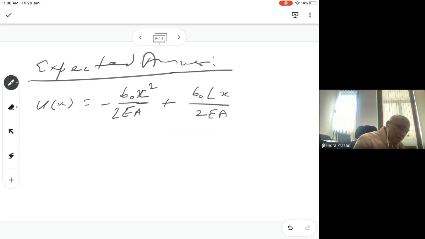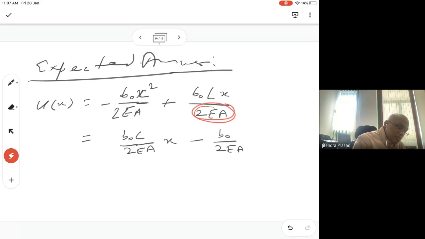Or it is equal to B naught L over EA x minus B naught over EA, two term will not be there probably. It's only EA, sir. Only EA. Yeah. So you should get like this: half B naught over EA x square.